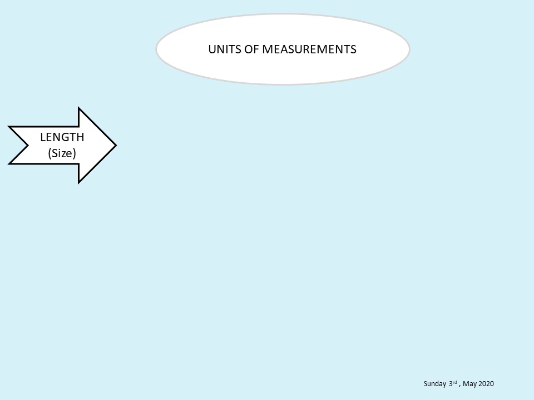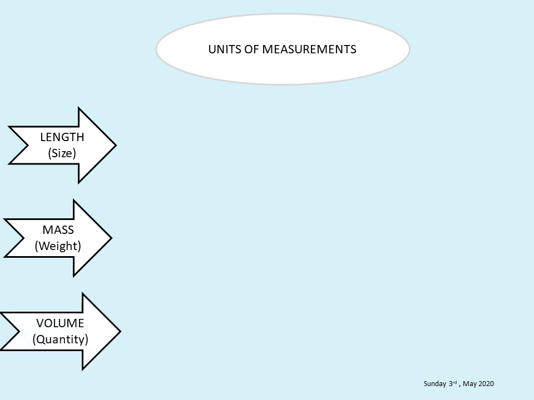Okay? Now, the second one we mentioned is mass. This just looks at weight. You know, remember your measuring scale you have probably in your bathrooms? You use it to check the weight. Oh, let me see what my weight is today. That is called mass. It's the second category of measurements. What is the third one? Volume. Volume is the one that checks, I have a bottle of water.